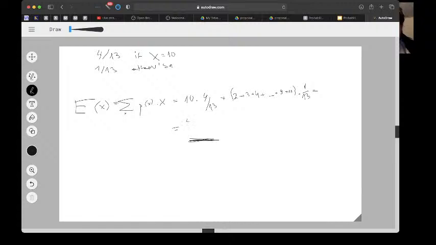So this will be 40/13. Some trick way to compute this would be 11 times 12 by 2.